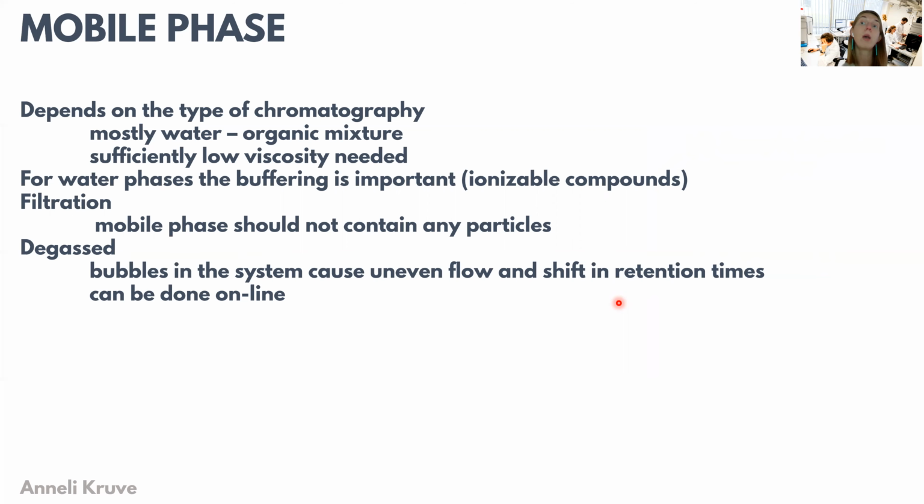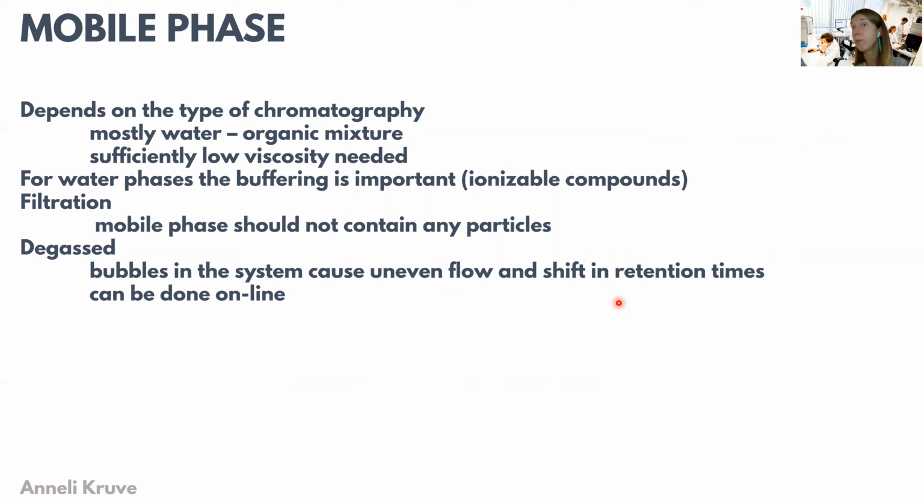These organic solvents are mostly acetonitrile or methanol. Sometimes tetrahydrofuran, for example, can also be used, but acetonitrile and methanol are by far the most used organic modifiers in reversed phase chromatography.